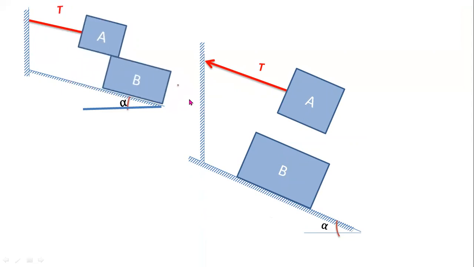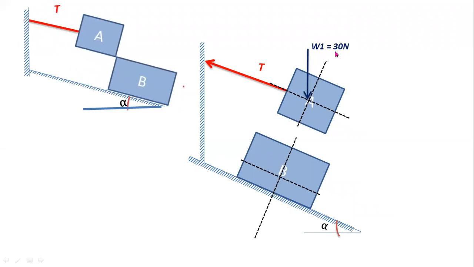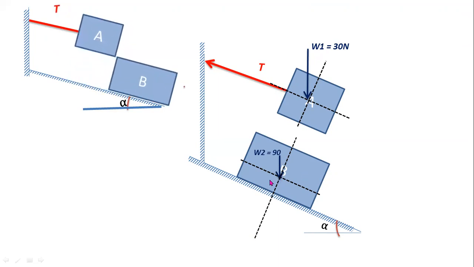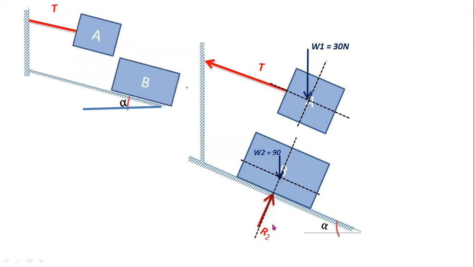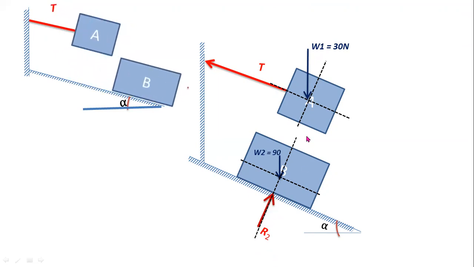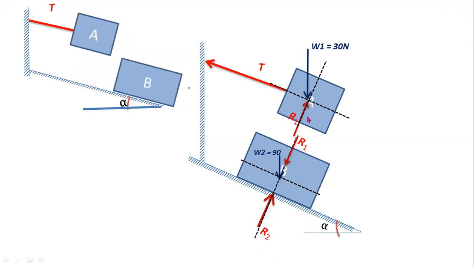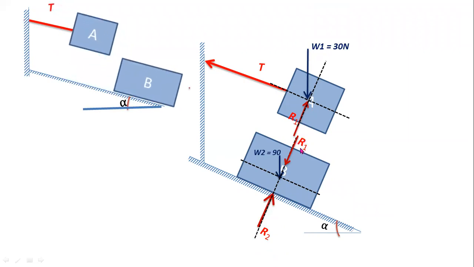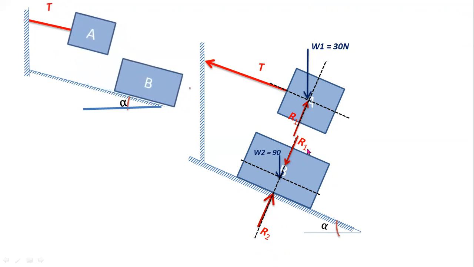Let W1 be the self weight of block A, that is 30 newtons, and W2 equal to 90 newtons, the self weight of block B. R2 is the reaction force between the inclined plane and block B. In a similar way, R1 is the reaction force between block A and B. Now you have to consider two equal and opposite reaction forces between block A and B, because here there are two moving surfaces.